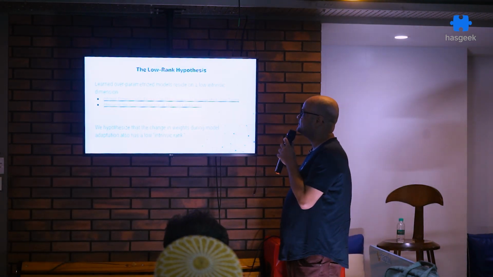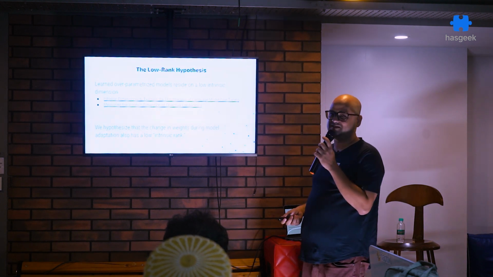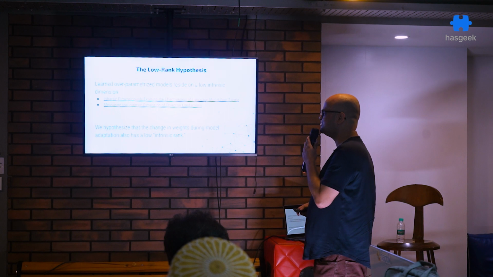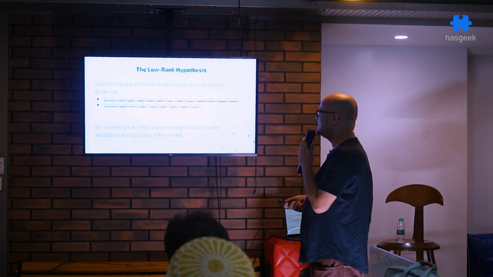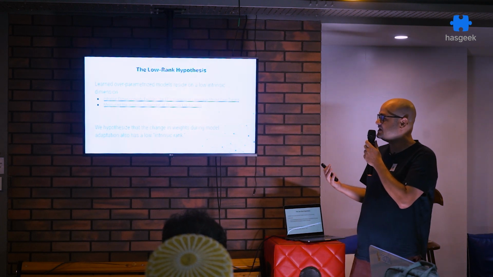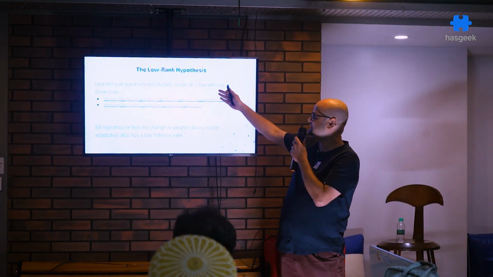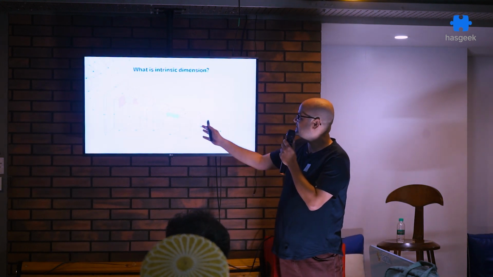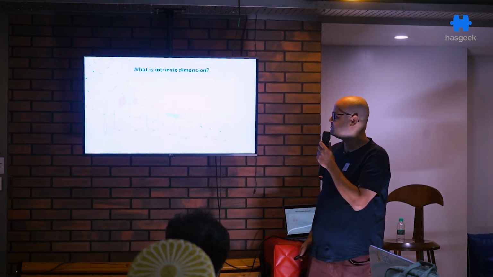Right. So people have demonstrated that in practice. Then there is also the lottery hypothesis that you can look up. So what the authors of the LoRA paper did is extend that to the specific architecture of the model itself.